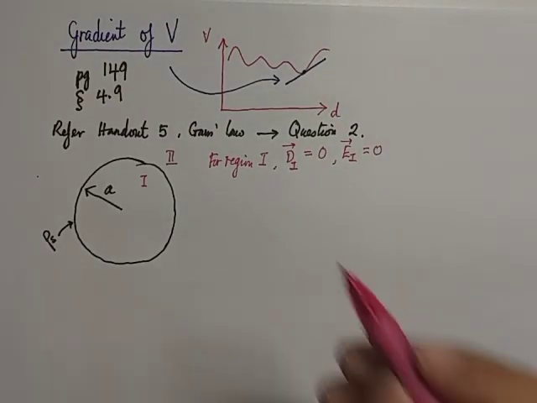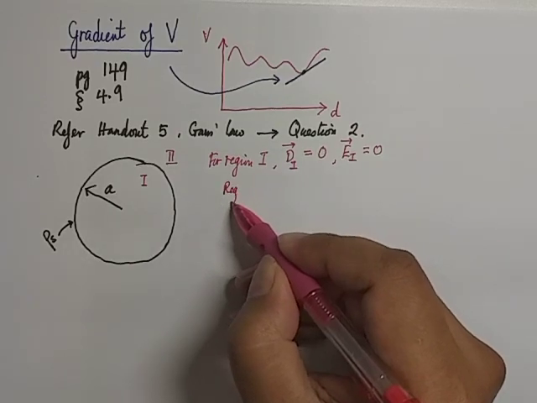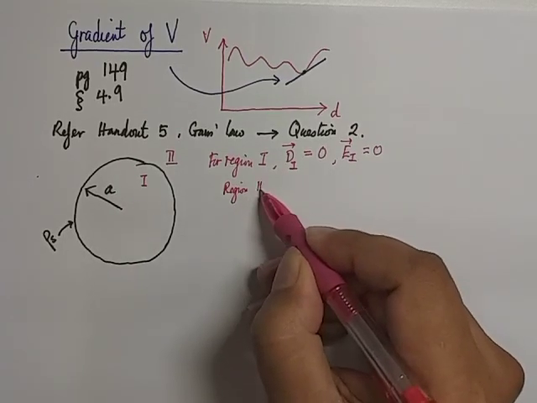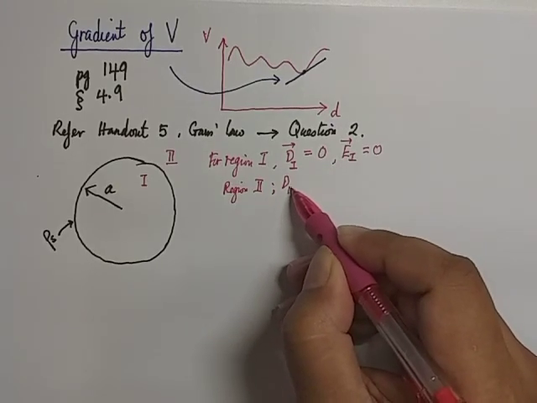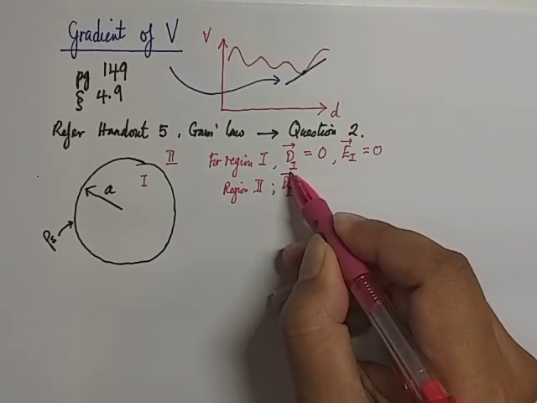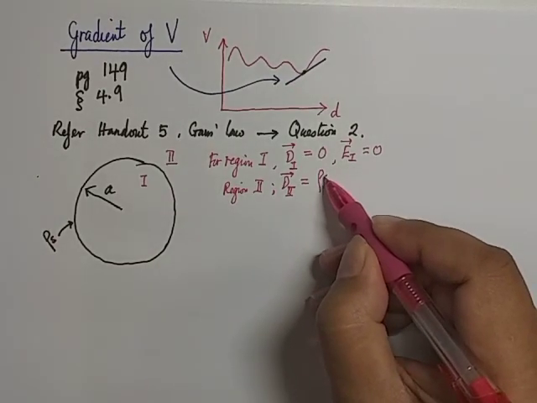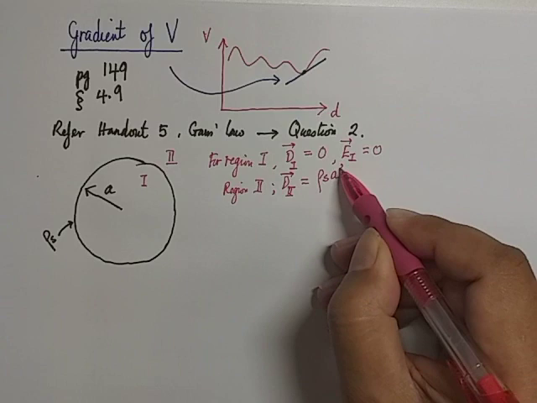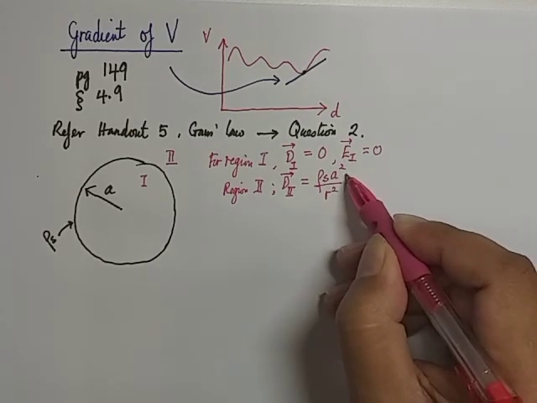And for region 2, we obtain the solution D2, which is not equal to 0, equal to what here? Yes, rho s A squared over R squared in the R direction.